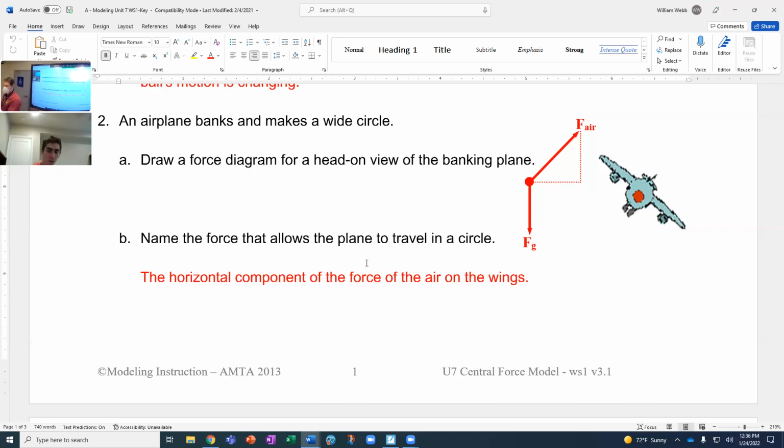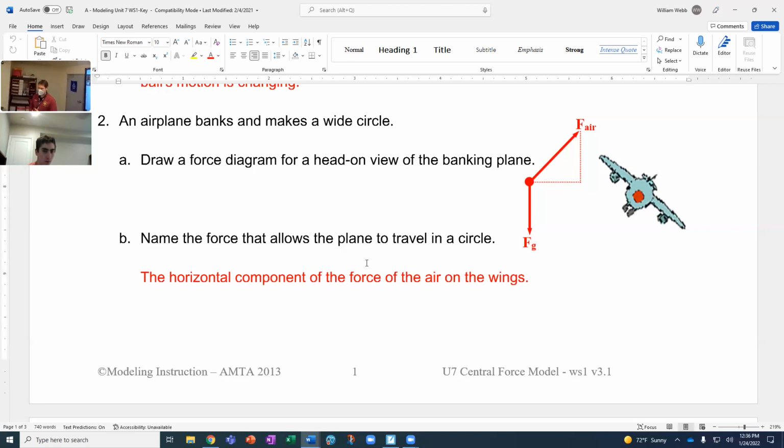Yeah, times 9.8 or 10, right? Just mass times acceleration due to gravity. That is equal to this. All they would have to give you is the mass of the plane to get you started, because if you know this, you know this. And then they maybe give you the angle there. Then if you know the angle on one side, you can find any of the other sides, right?